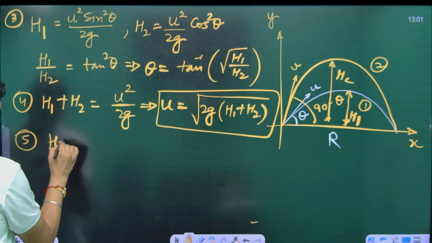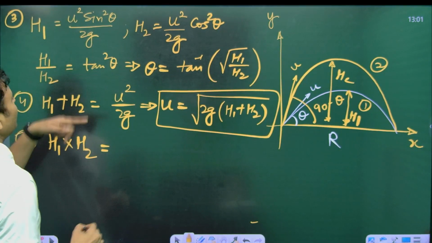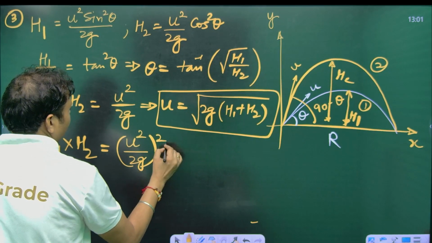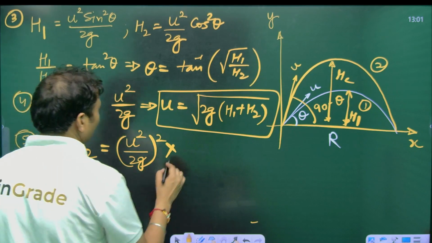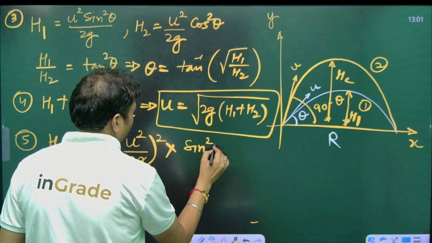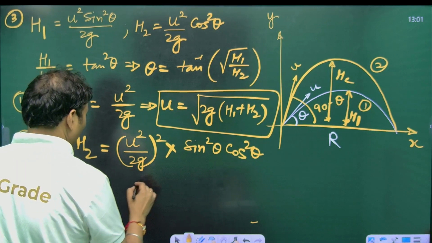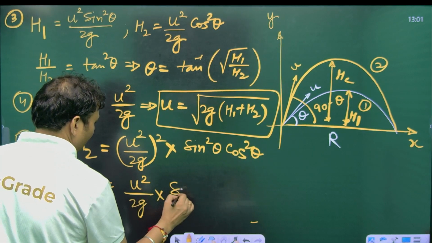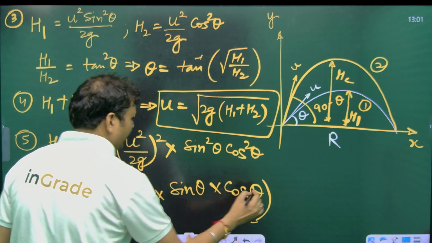If we multiply H1 and H2, look, if we multiply H1 and H2, so it will be u square by 2g whole square, then multiplied by sin square theta into cos square theta, isn't it? So can we write it as u square by 2g into sin theta into cos theta, whole square?